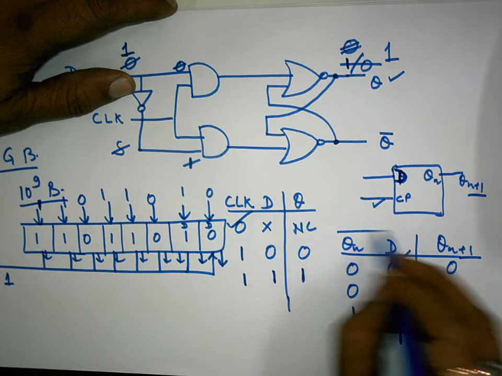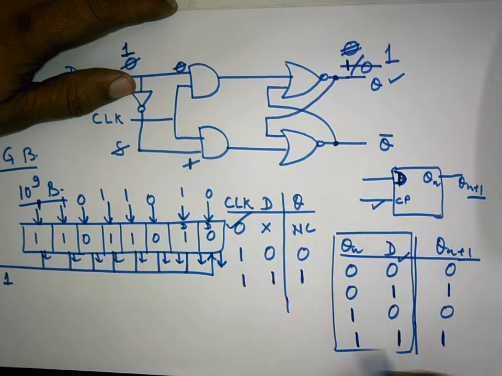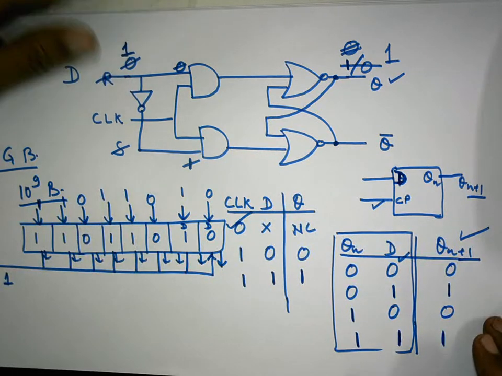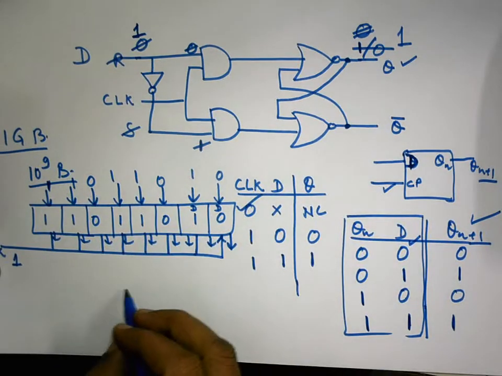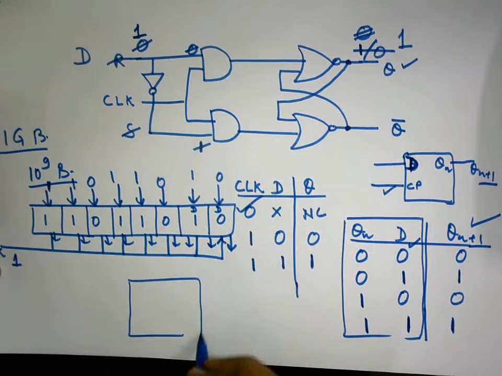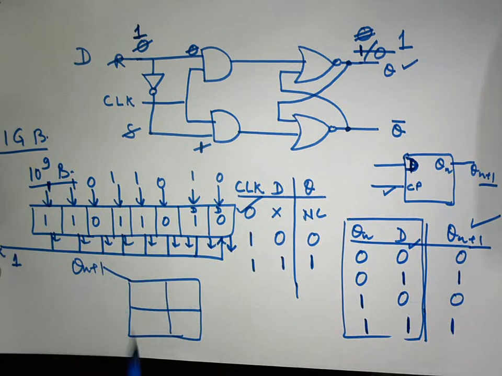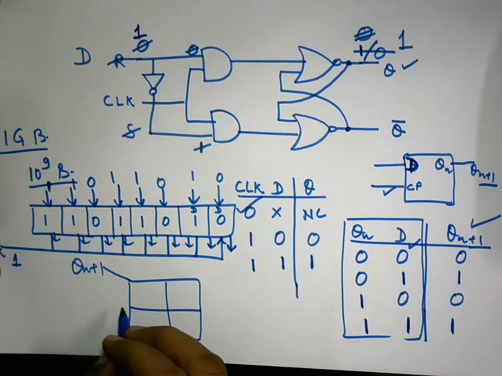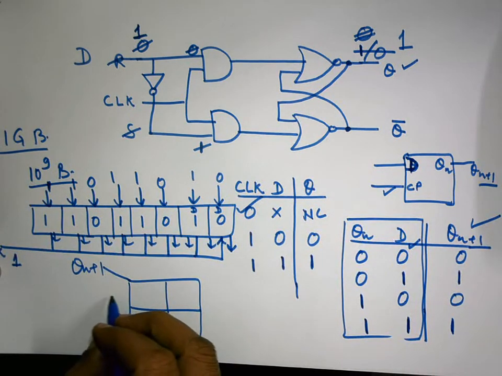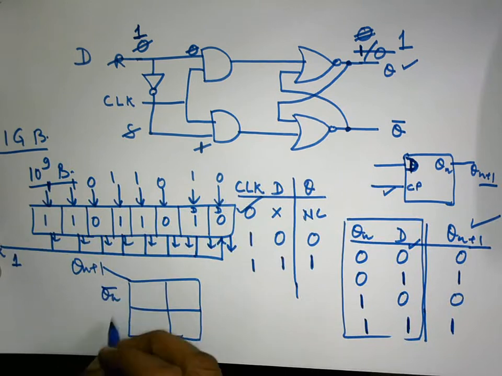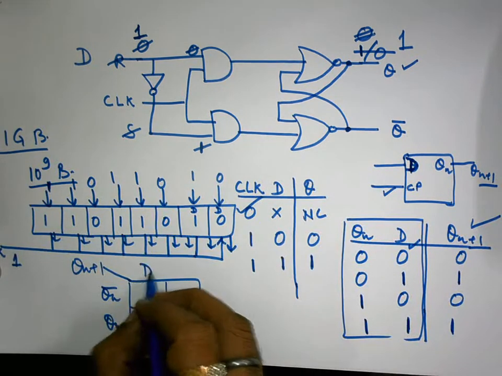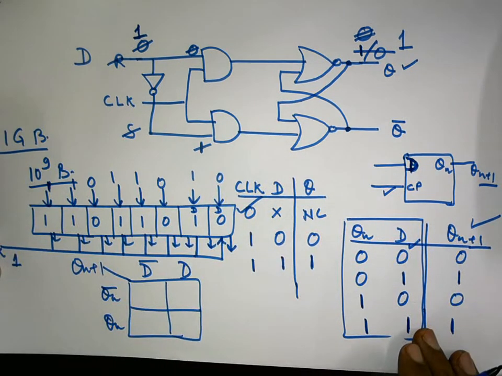So now this is a 2 input and 1 output situation, and this can be mapped in the K-map. So you form the K-map for this. I am forming the K-map for Qn plus 1. So naturally we have Qn bar and Qn, and D bar and D. Okay.